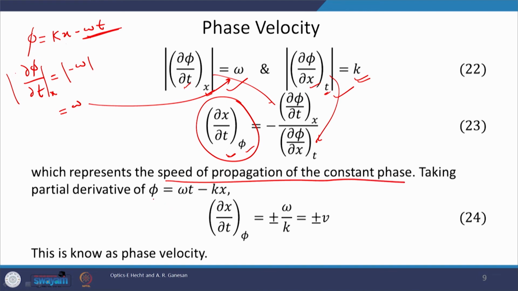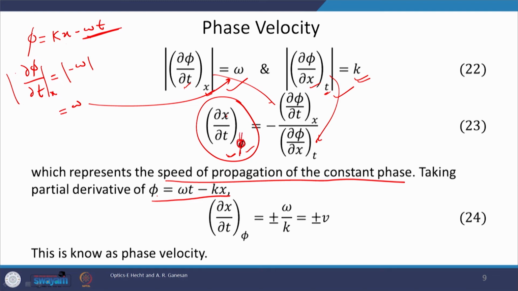Now, we know that phi is equal to kx minus omega t, and if you take the time derivative of this quantity, keeping phi constant, here it says that we are taking the time derivative of x and phi is kept constant.